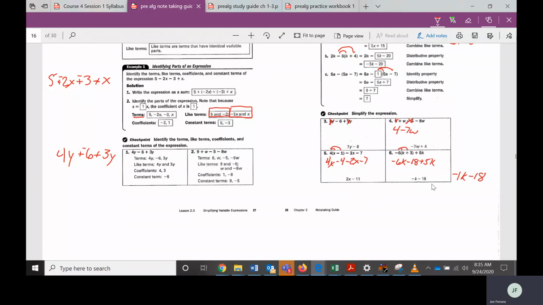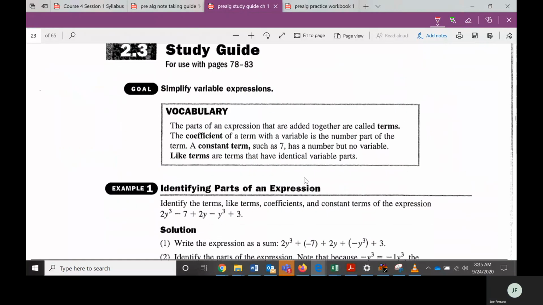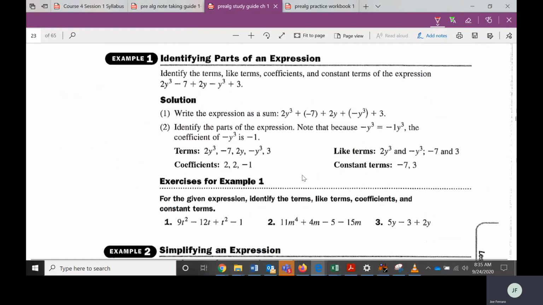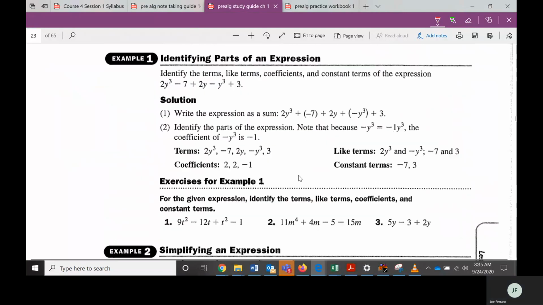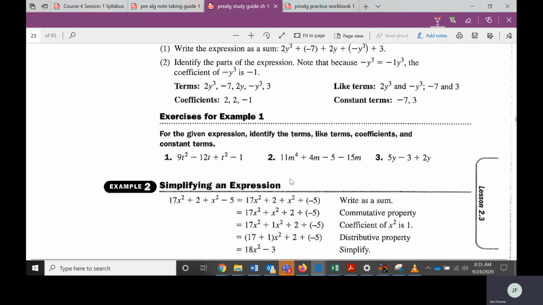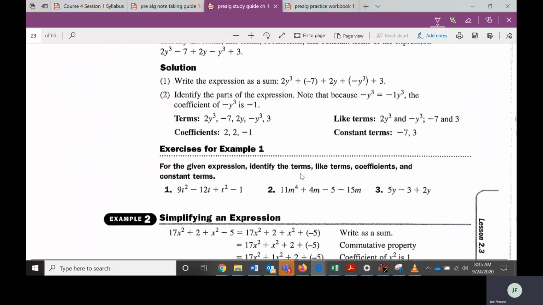Okay. All right, so if we go to the study guide, again, this is one of those ones where at minimum, I would do the problems in the study guide. Okay, that's not a lot of problems, and if you're getting this, then you're doing pretty good.